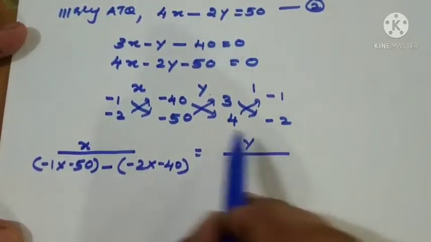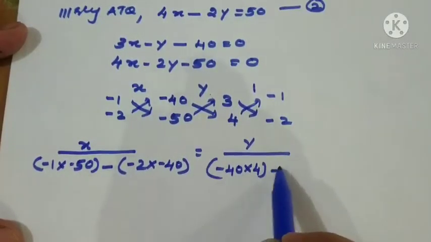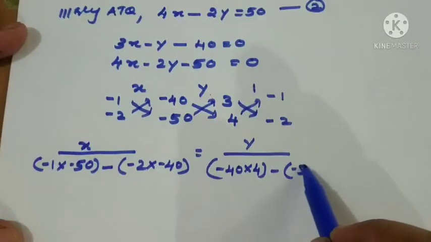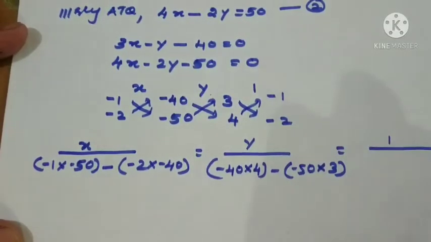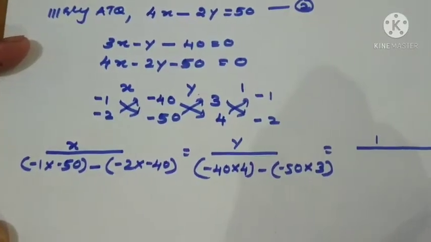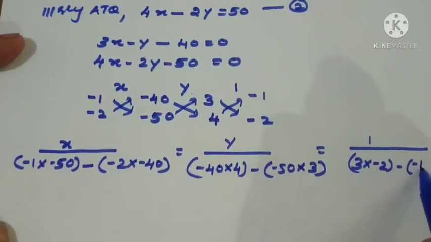Again, y divided by minus 40 into 4, minus 50 into 3. 1 divided by 3 into minus 2 minus 1 into 4.